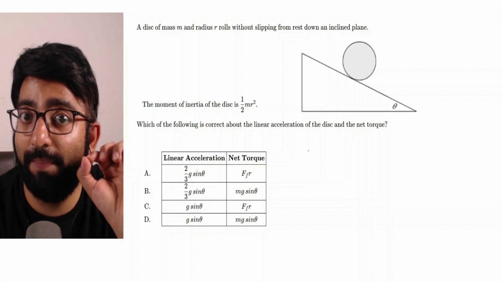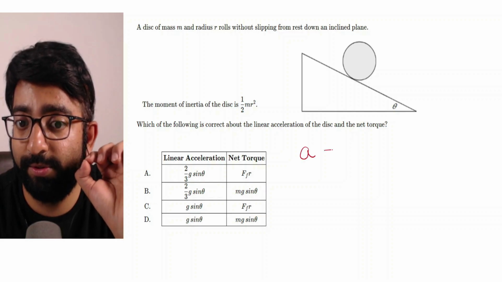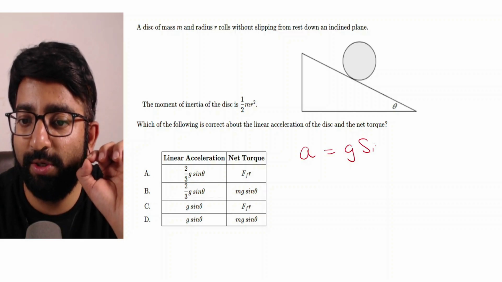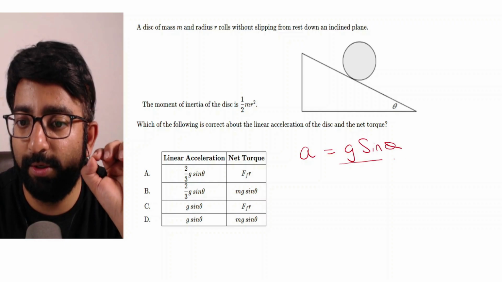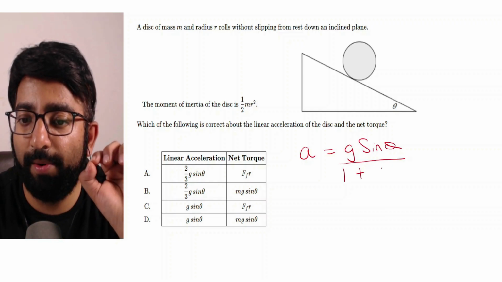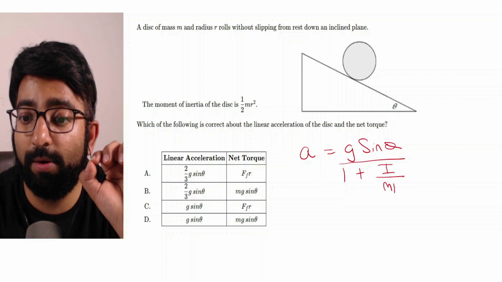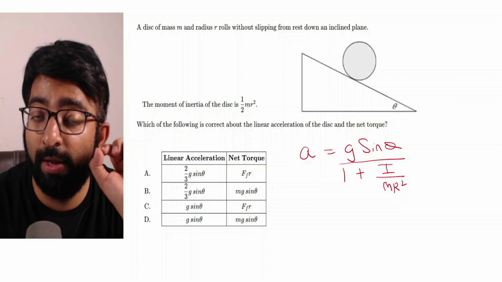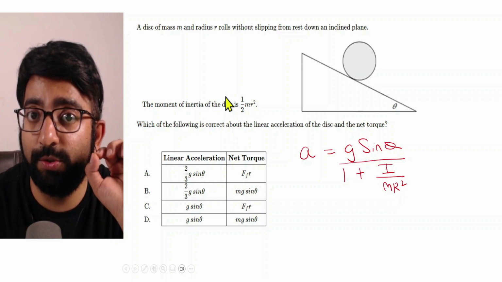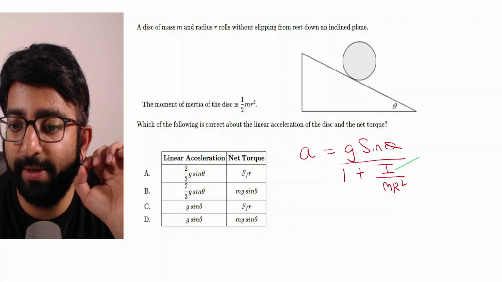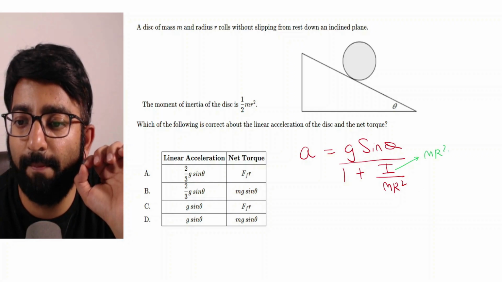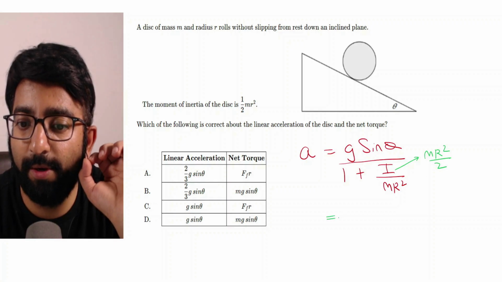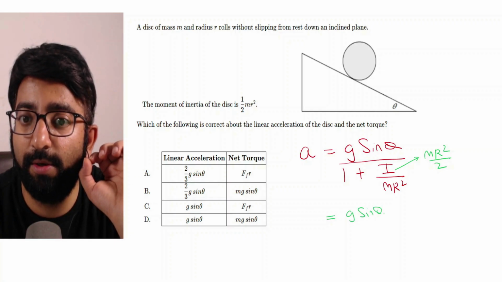so we can directly apply that acceleration expression, which is equal to, let me write, g sine theta in the numerator divided by the denominator, 1 plus I upon mr square, where I is the moment of inertia, which is given in the question as mr square by 2. So if we replace I with mr square by 2, the expression will become g sine theta in the numerator.